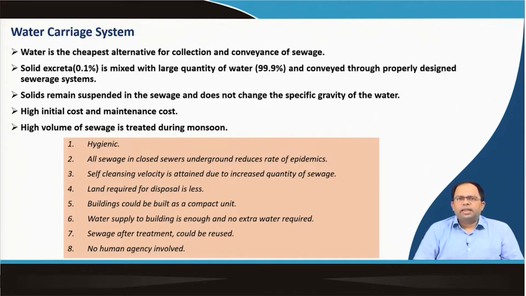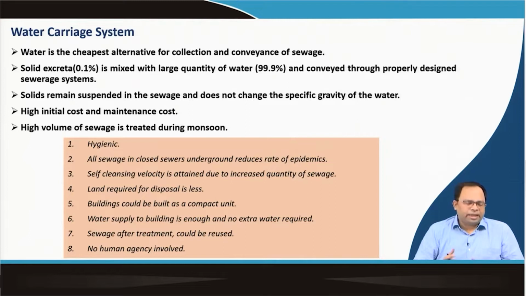Self-cleansing velocity is attained because of the increased quantity of sewage, since we put in an adequate amount of water. And the land required for disposal is less, because we are treating the sewage at sewage treatment plants, and then we are only releasing the effluent into the river, and only the sludge part has to be dealt with.